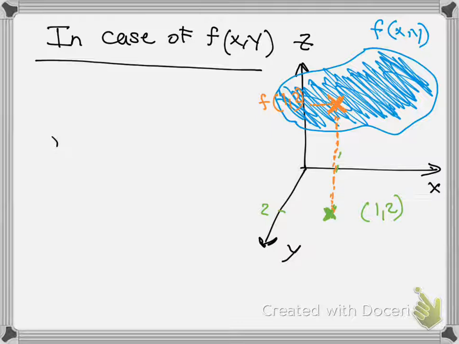You can approach 1, 2 from the left, from the right, from the diagonal, or from the top, etc. It doesn't have to be a straight line. It could be something like a parabola or some curve. So there are different ways to approach this point, right?